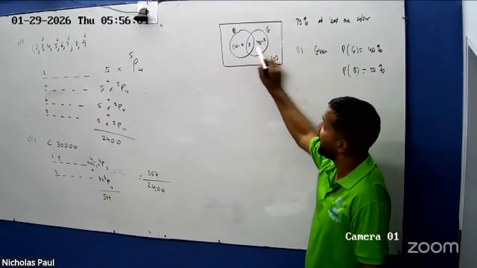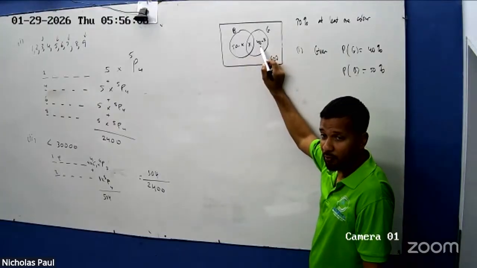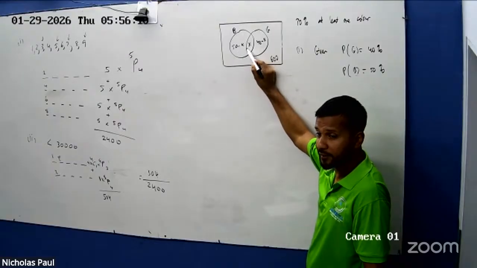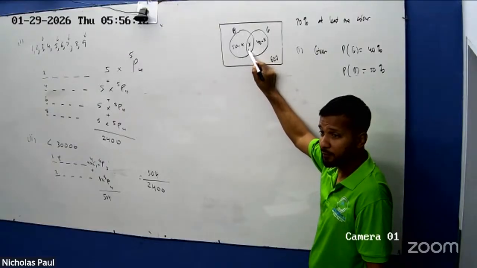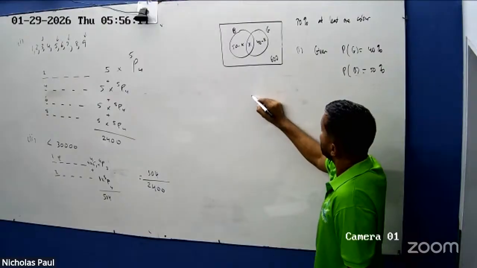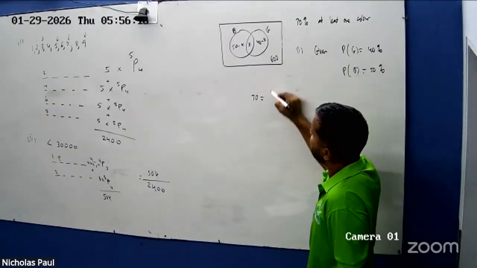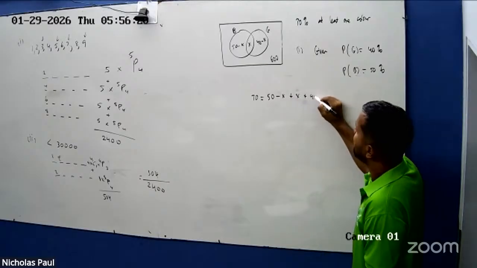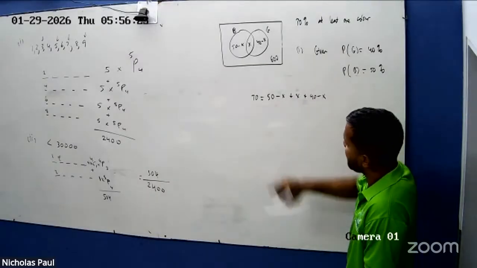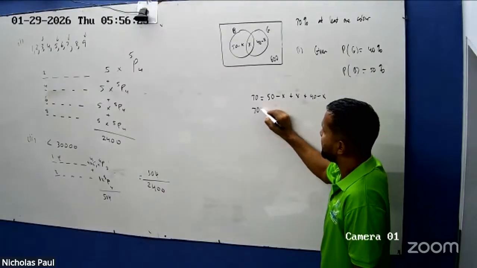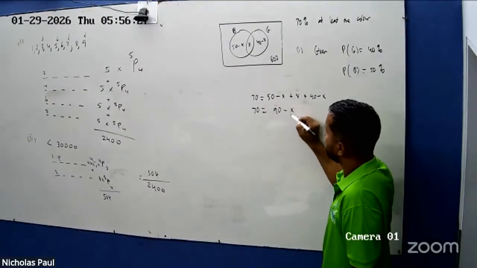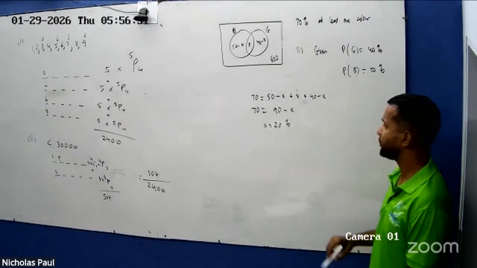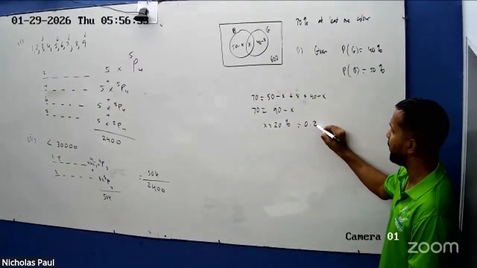That's 70. That's 1 and 2, one color, two colors. Are you okay with that? So therefore, if I add up 50 minus X and 40 minus X, I'll get 70. So that means 70 is 90 minus X, so X is 20%. So the probability is 0.2.